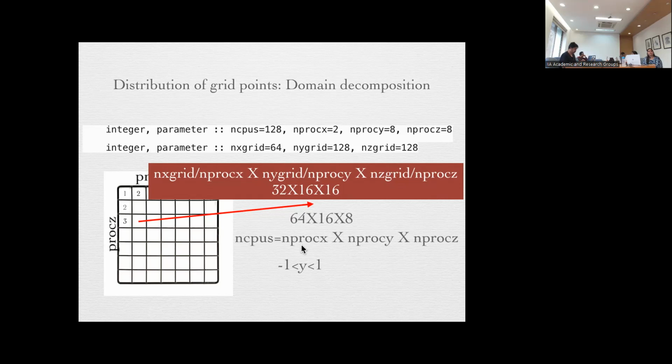The number of CPUs is the product of nproc x, nproc y, and nproc z, so you have to make sure that the product of these three quantities is equal to the number of CPUs. Otherwise, your code will not even compile.